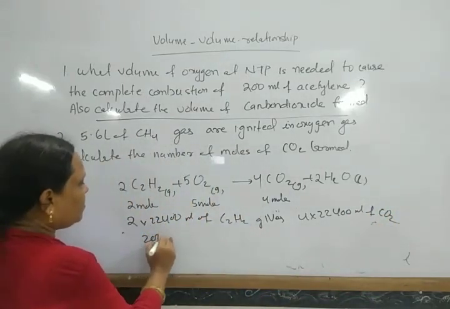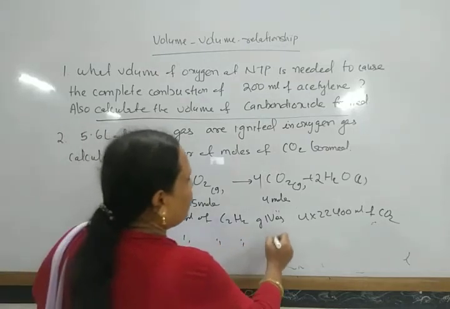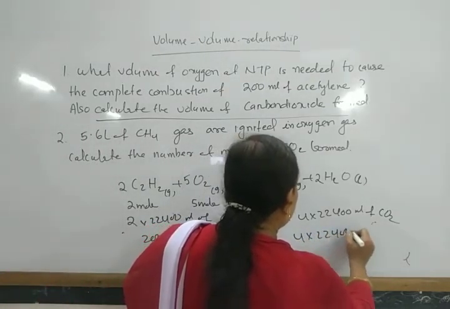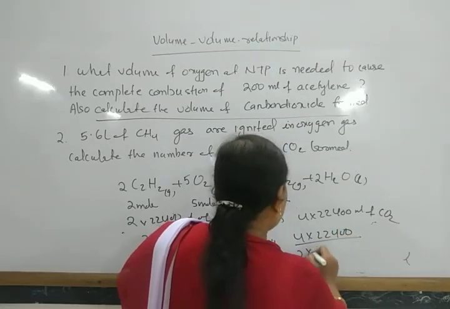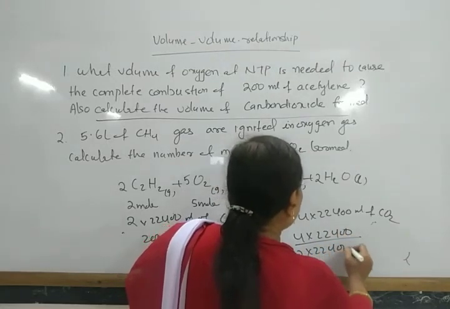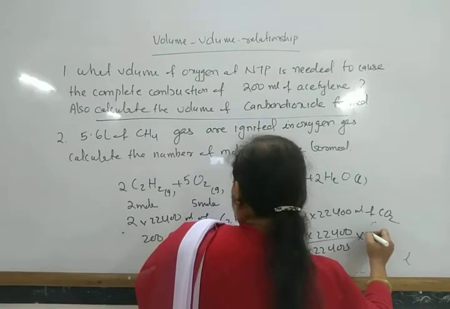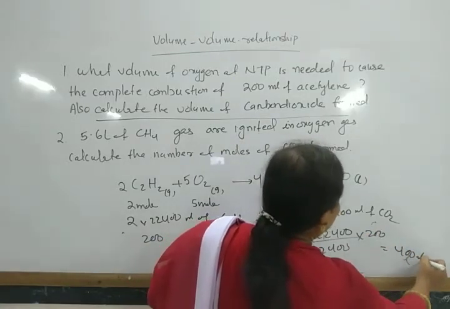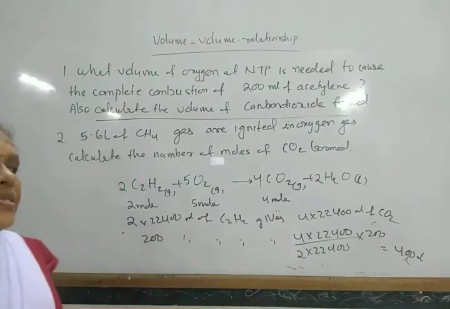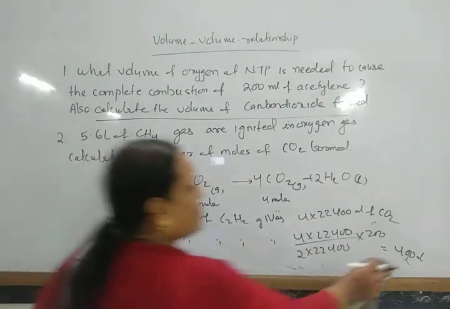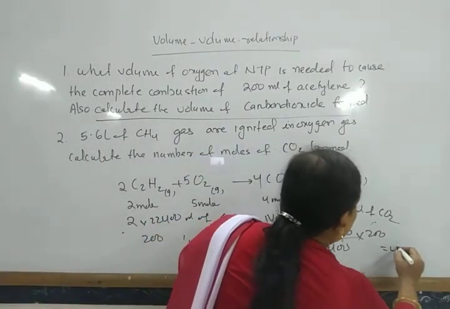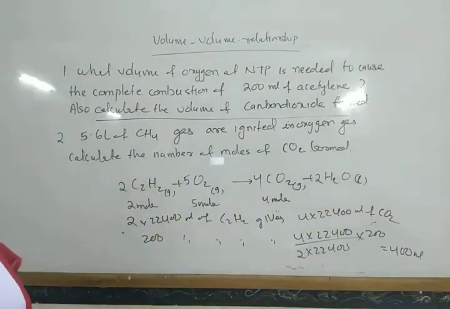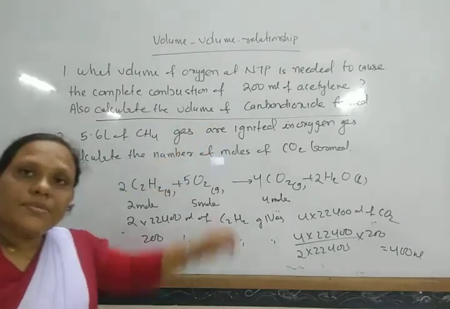Then 200 ml of acetylene gives 4 into 22,400 divided by 2 into 22,400, into 200. So that is equal to 400 ml. In this way you can solve this type of problem.